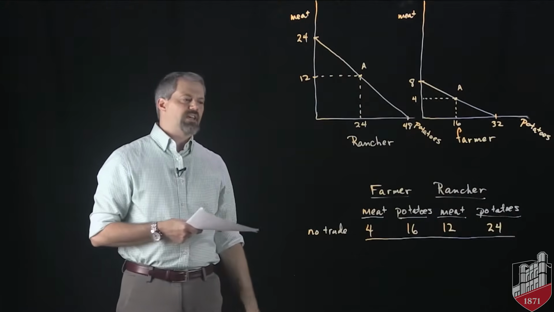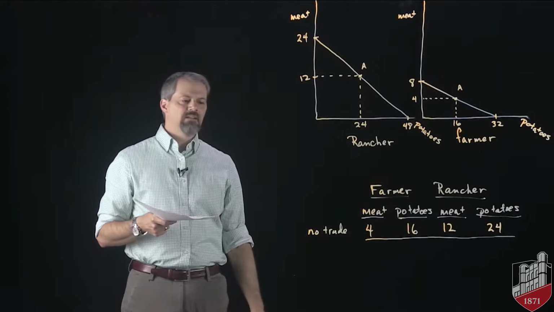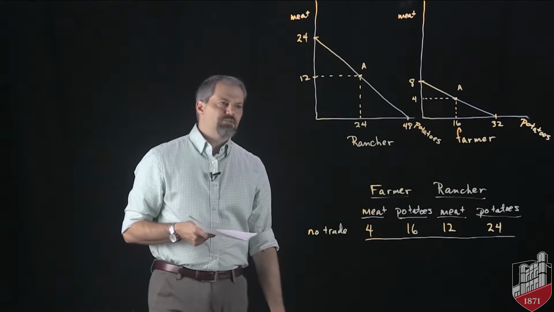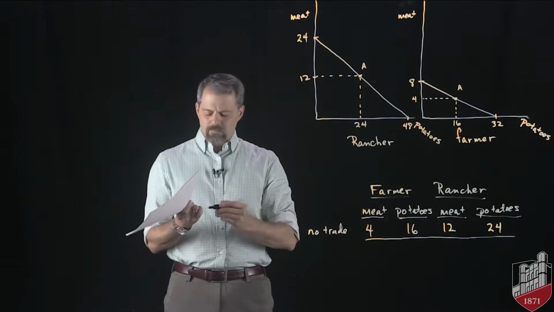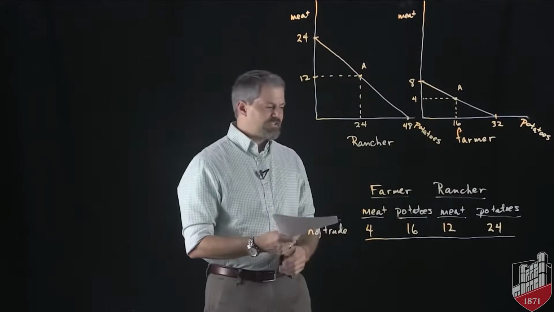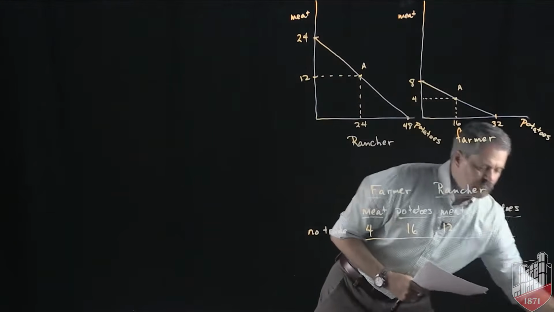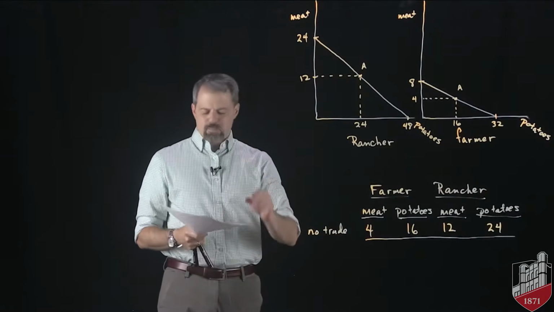But let's suppose that they sit down and they listen to the rancher's plan. What the rancher's plan involves is each of them changing their production point and then engaging in a trade. So let's think first about the production points.